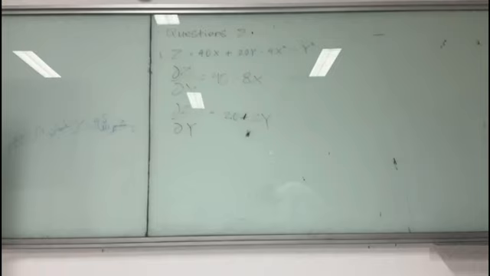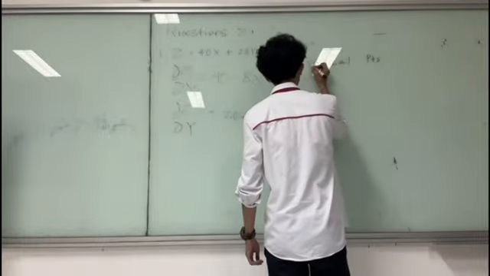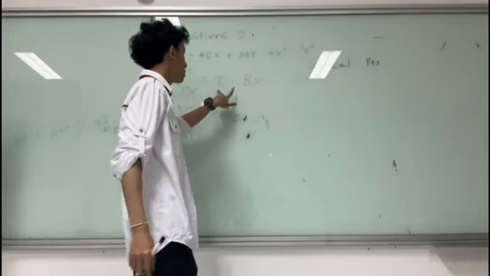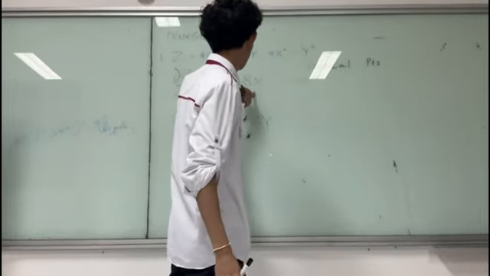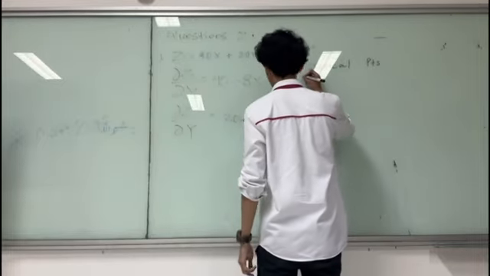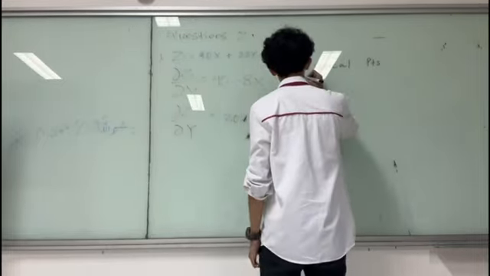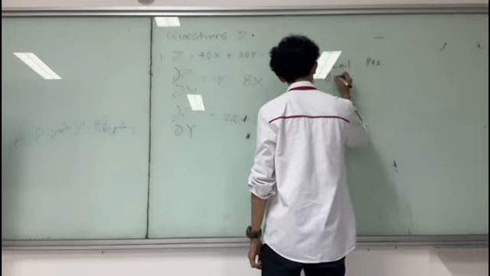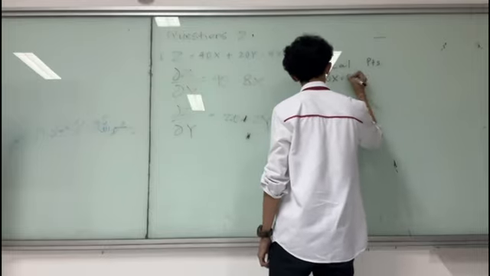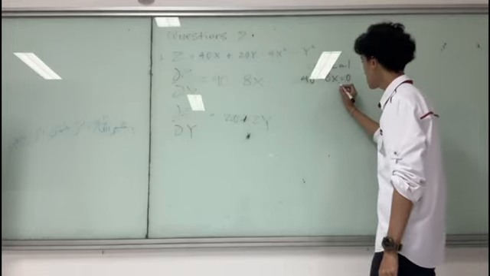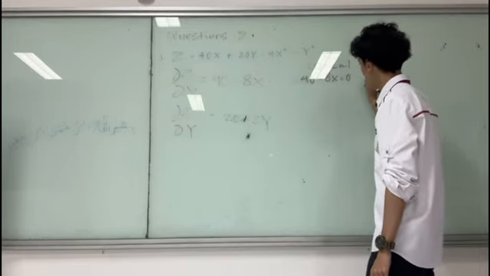Okay. Now moving on, we would want to find the critical points. How to find the critical points is to set these equations equal to 0. So it's going to be like this. Let's say for this one, 40 minus 8x equals 0. So from here, we are going to find x.